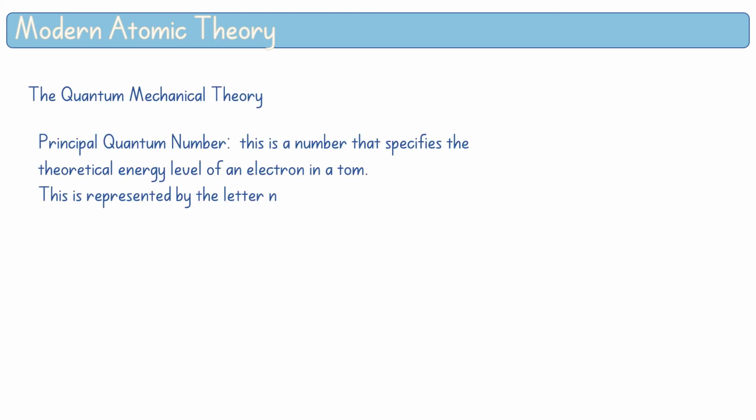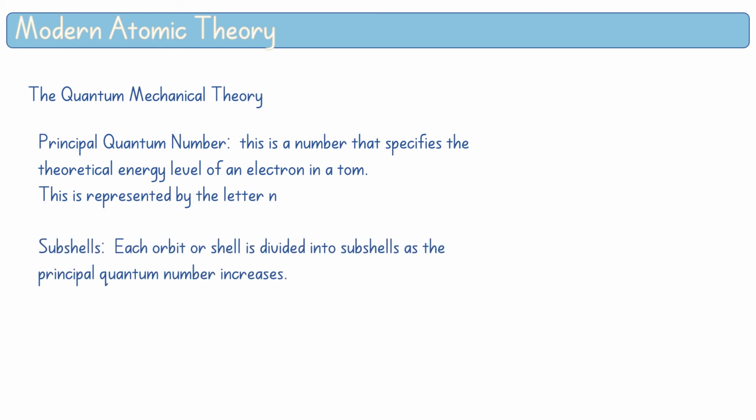The principal quantum number is a number that specifies the theoretical energy level of an electron in an atom. This is represented by the letter N. Then we have subshells.